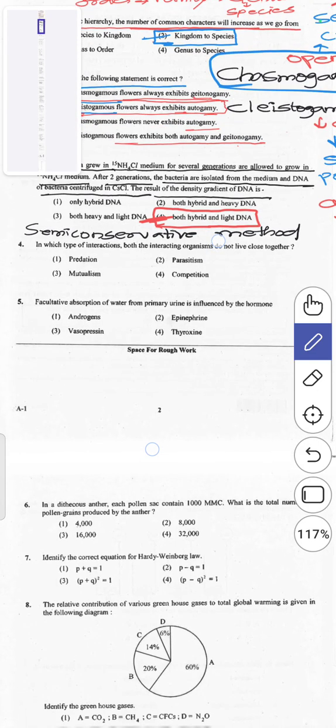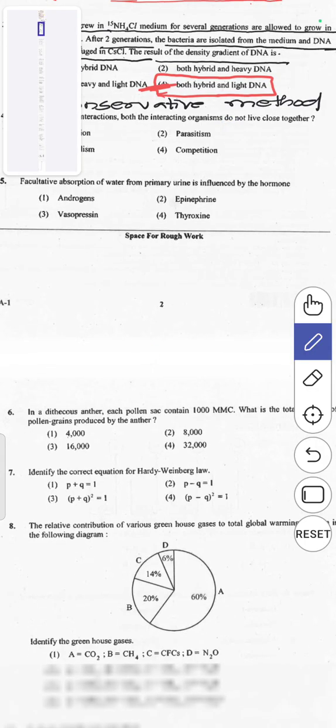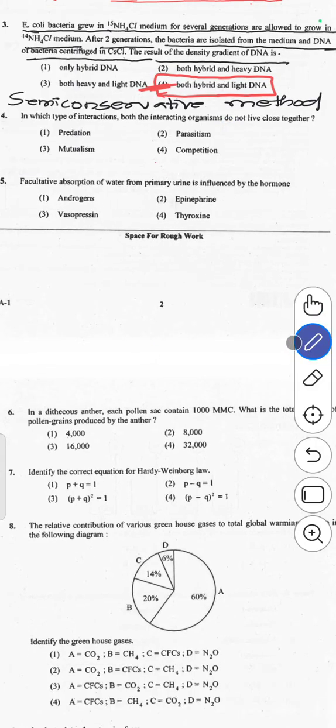Then read out the next one. In which type of interactions do both the interacting organisms not live close together?